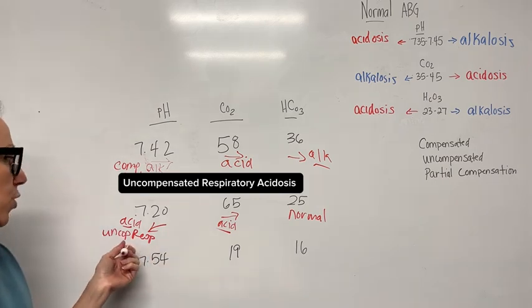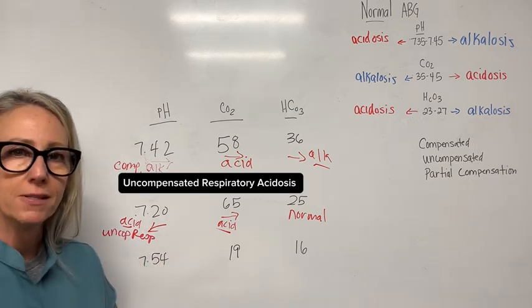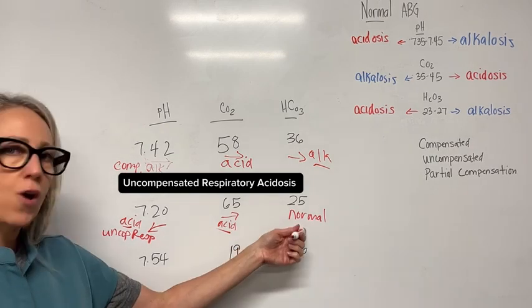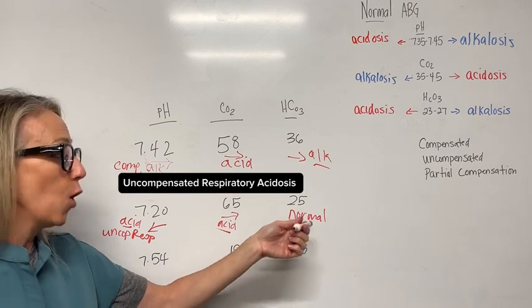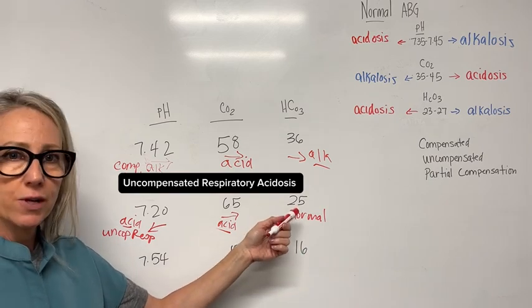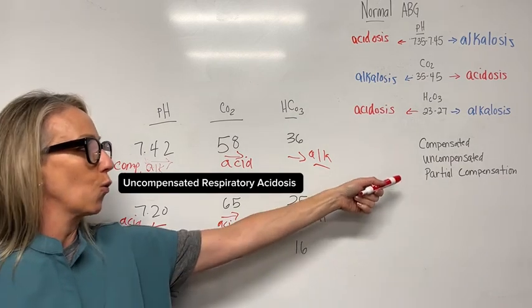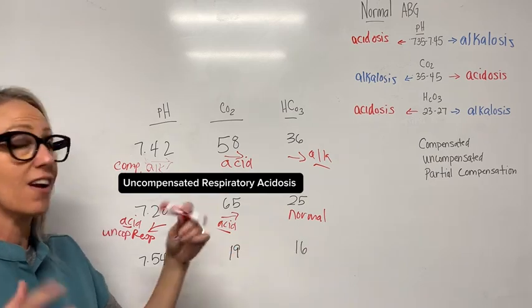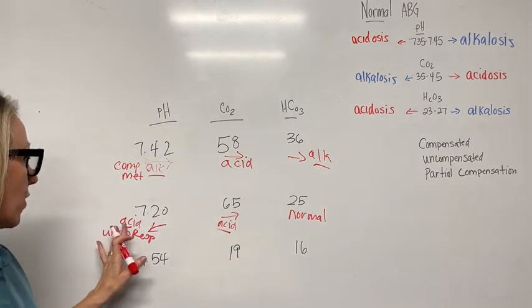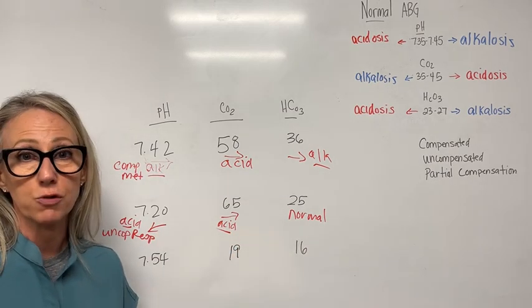And we want our kidneys, if they can, to help us out by doing something with the HCO3. But right now it's normal, so we are not being partially compensated. So we're in a respiratory uncompensated acidosis.